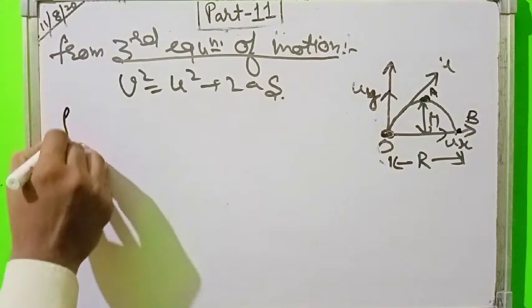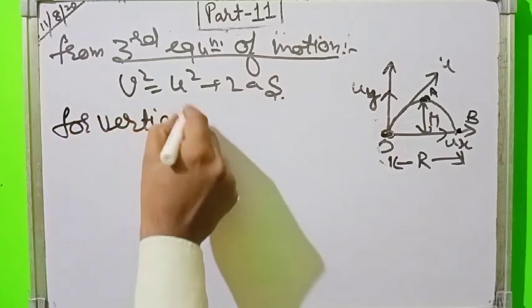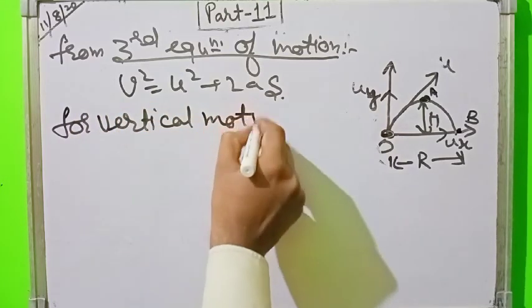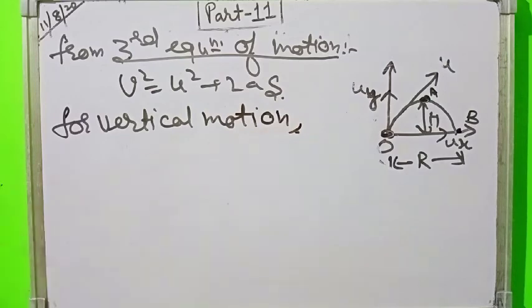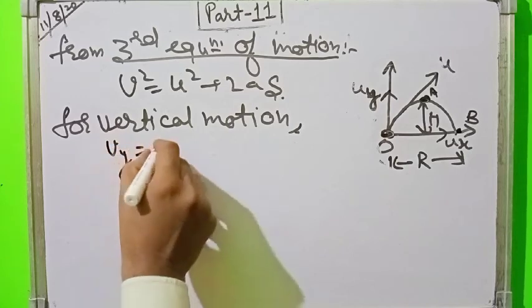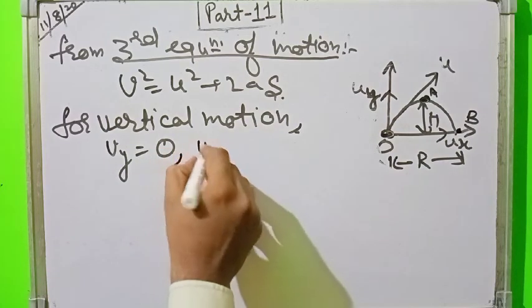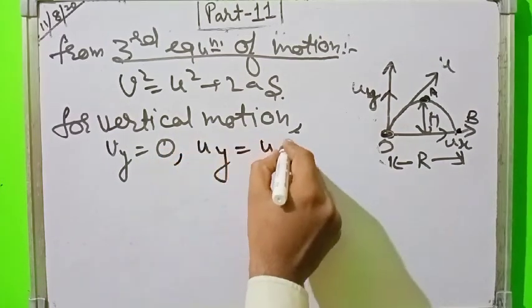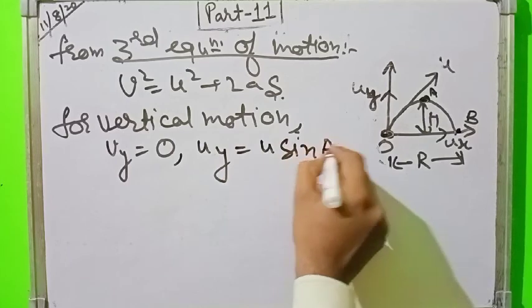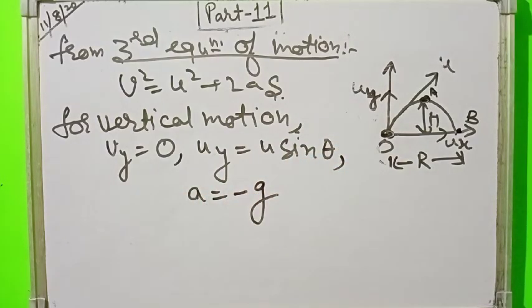So for vertical motion, at this point the vertical component of velocity Vy is equal to 0, and Uy is equal to u sin theta and a is equal to minus g.